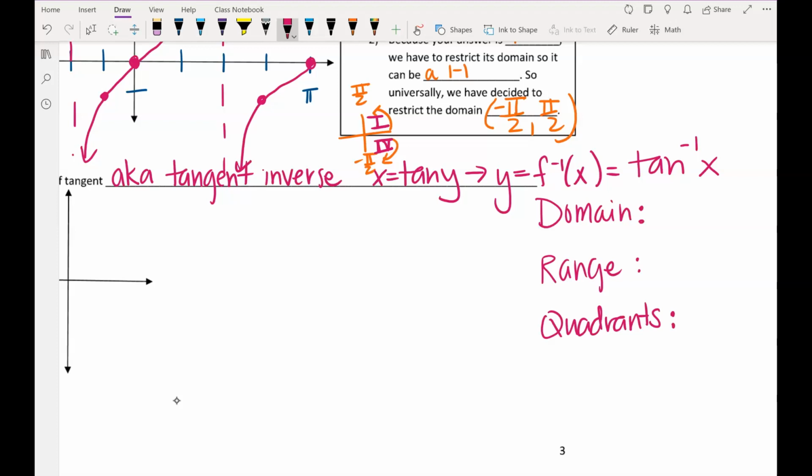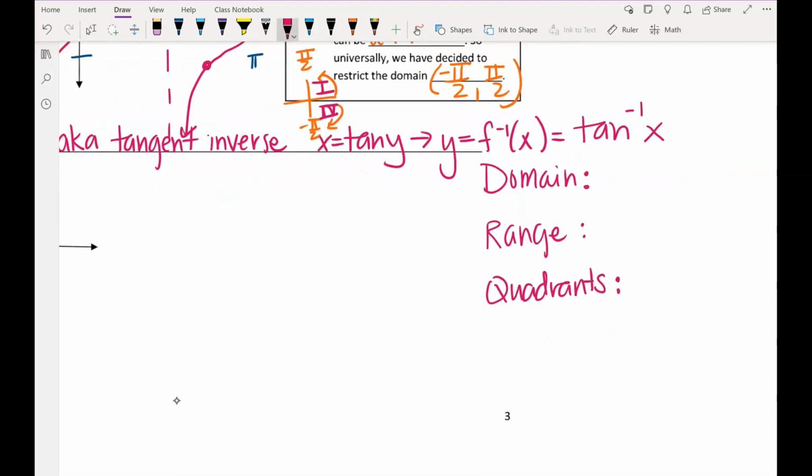Okay. So check out the original range, okay, guys? Matt, what is the domain of tangent inverse? All real numbers. Yes, very good. All real numbers, because the range of the regular was all real, okay? Lucas, what is the range of tangent inverse? Negative pi over 2 to pi over 2.